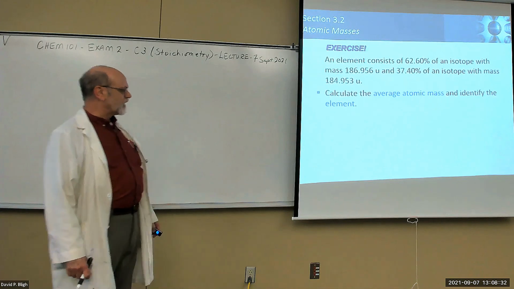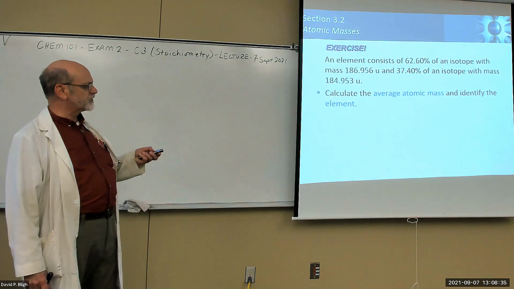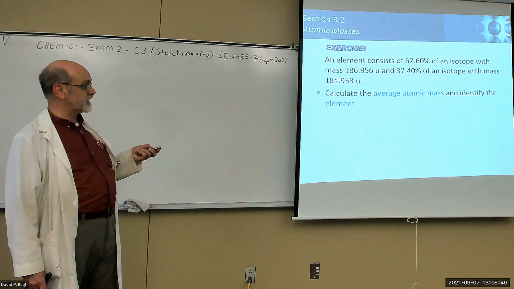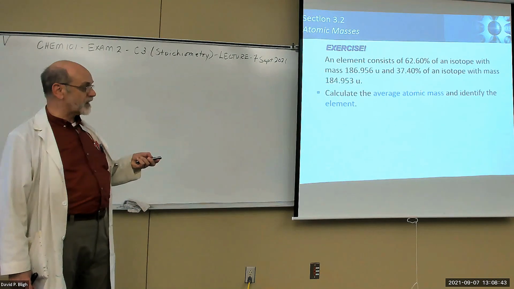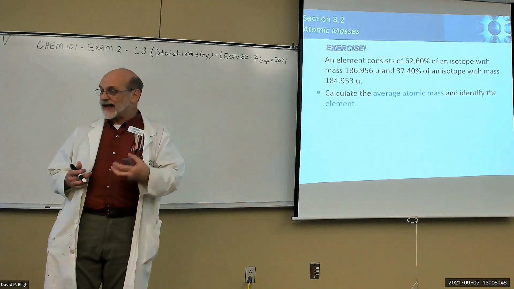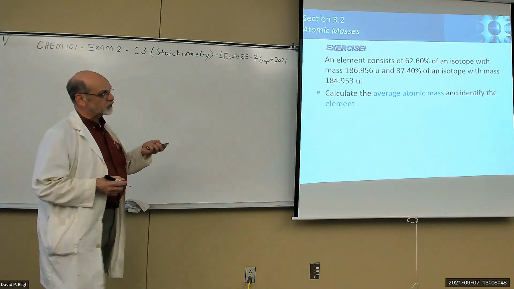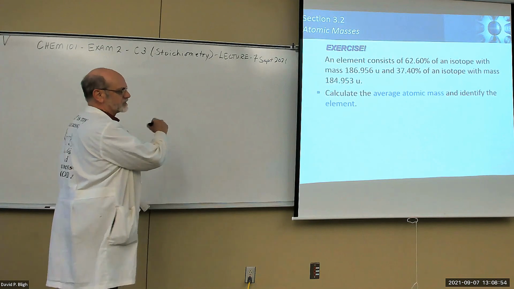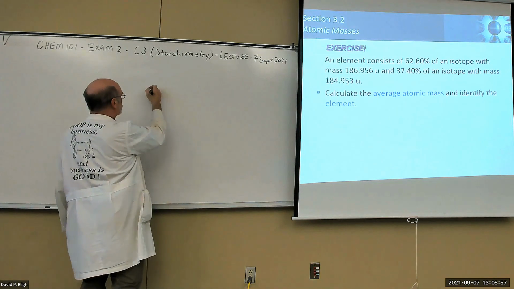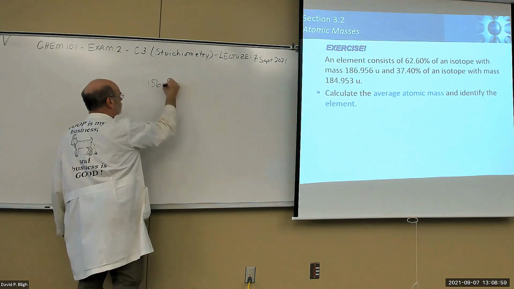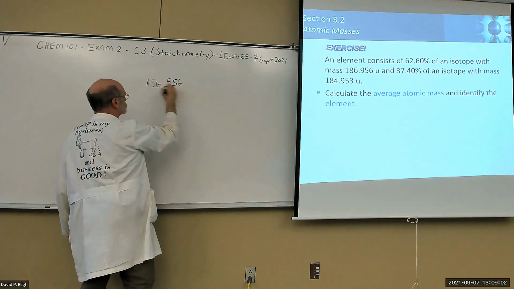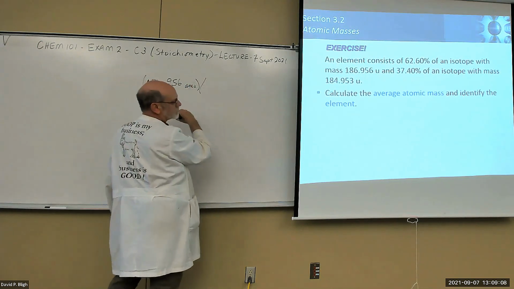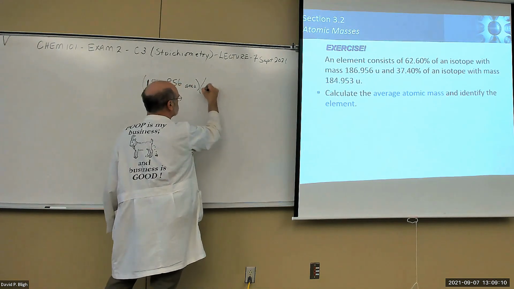Okay. So what's the average mass of this one? If you have 62.6% of this isotope and 37.4% of this isotope, then what's the average atomic mass? You just do that weighted average thing, right? When it says percent, I use the fractional equivalent. It saves a lot of calculation. So 186.956 atomic mass units times what percent? 62.6%.